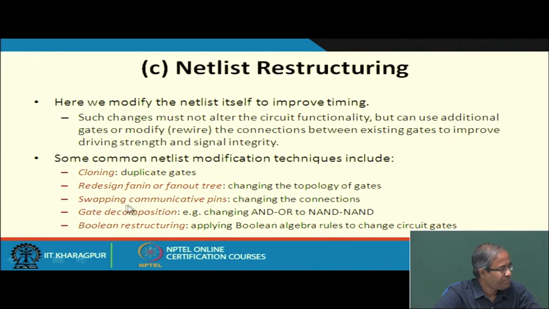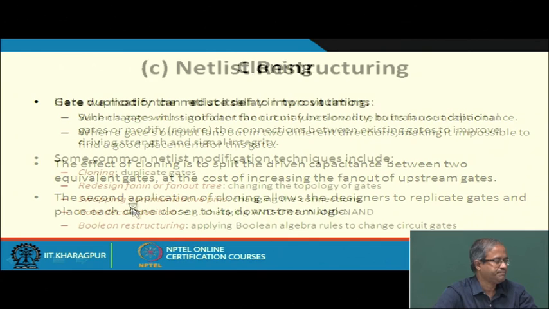We can swap commutative pins of some of the gates. We can decompose some gates using some simple Boolean algebra rules, and again using Boolean algebra rules we can restructure some circuits. So, we can implement them in different ways, so that the timing characteristics are improved. Let us see one by one.